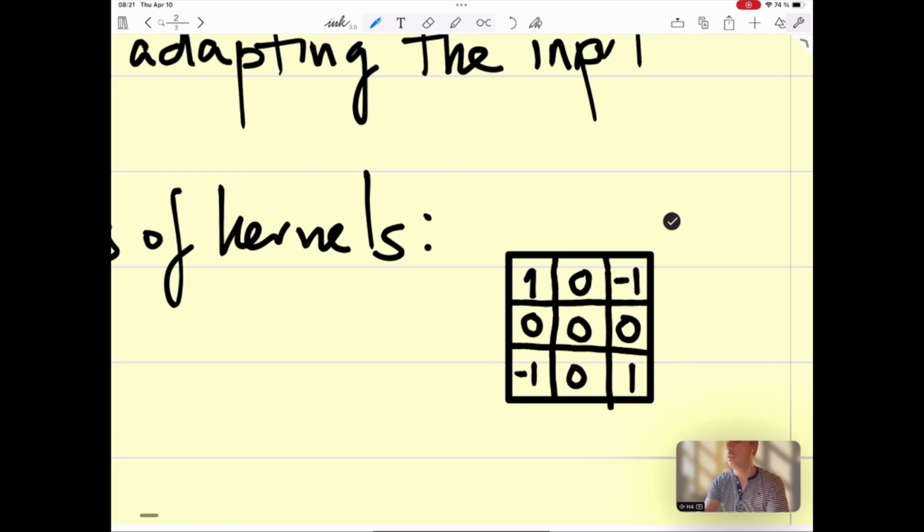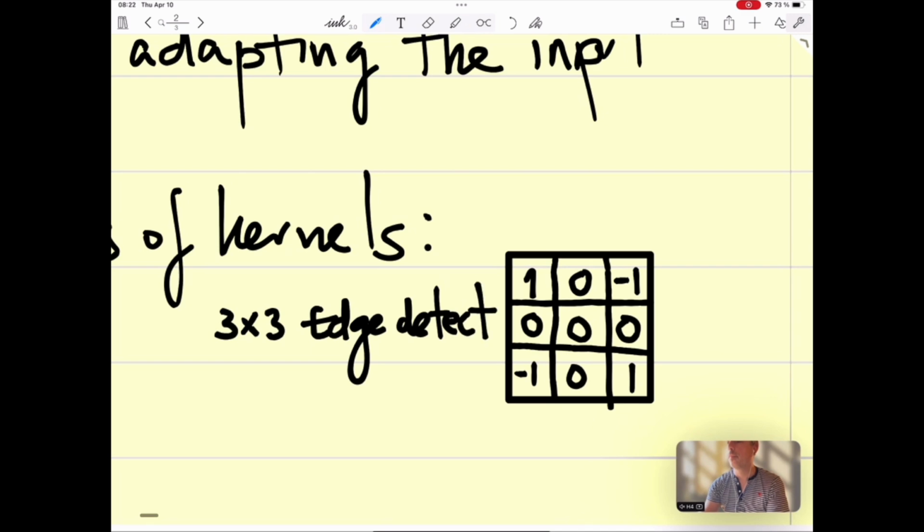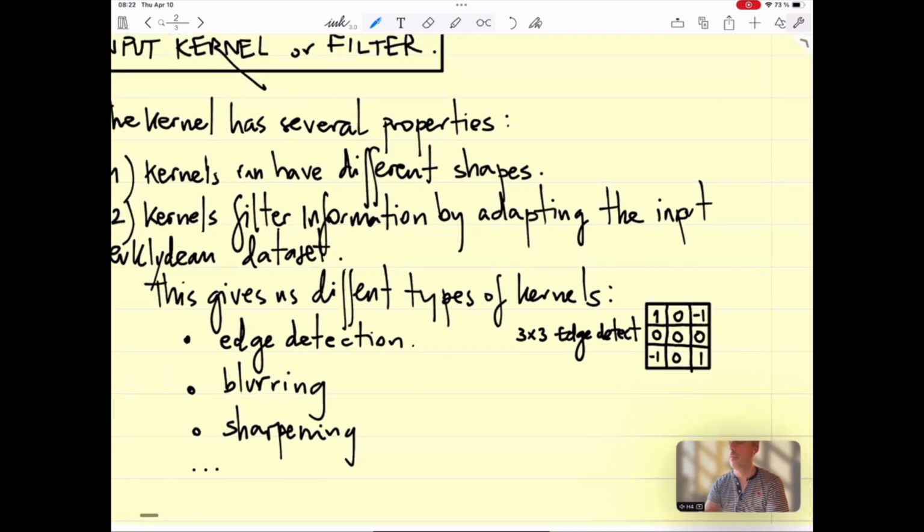So this is a 3 by 3 edge detection kernel.